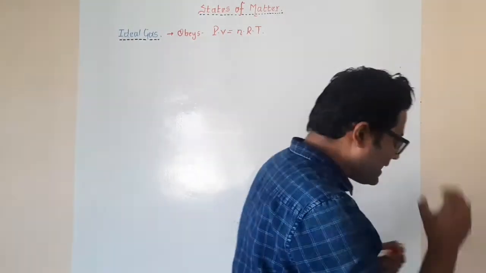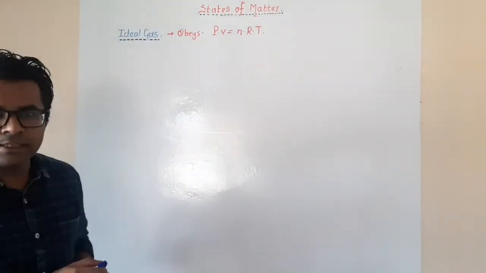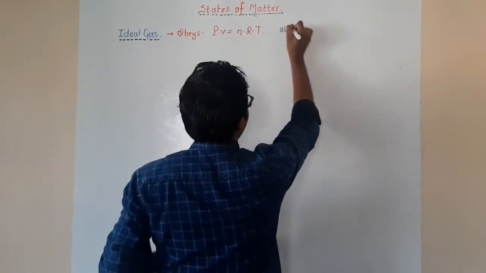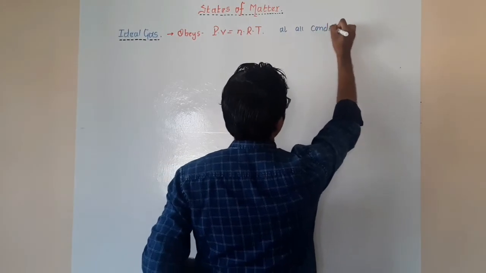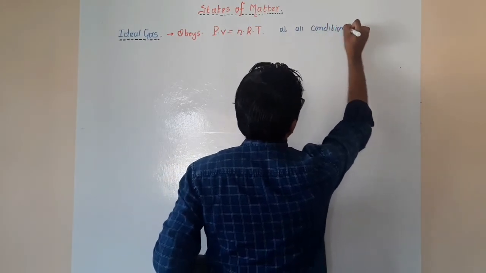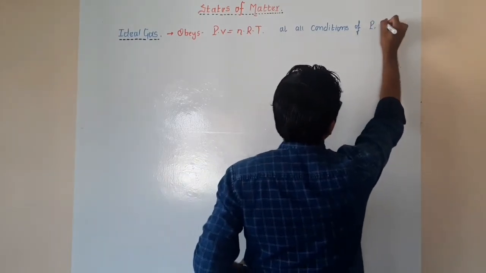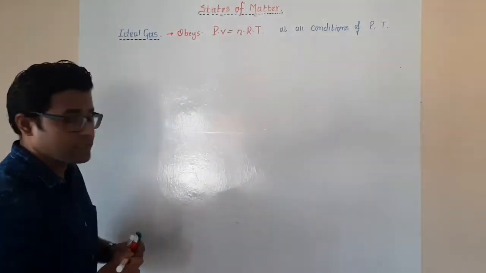Any gas that is going to obey PV is equal to nRT at all conditions of pressure and temperature, such kind of gases, we call an ideal gas.